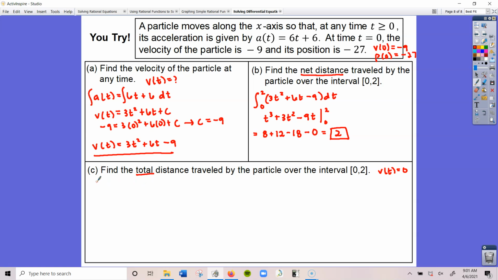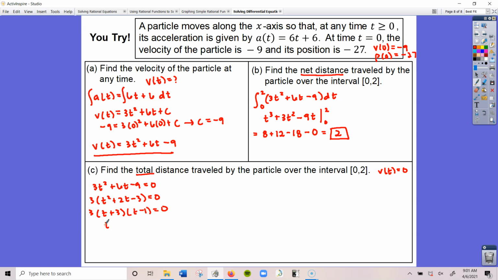So we have our v of t, which is 3t squared plus 6t minus 9, and we're going to make that equal to 0. I can factor out a 3, which will give me t squared plus 2t minus 3 is equal to 0. And then we can factor that to be t plus 3, t minus 1.